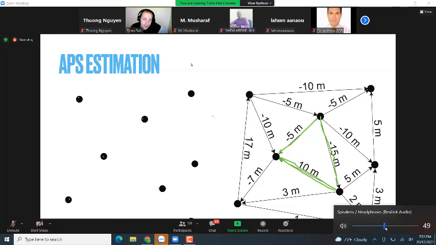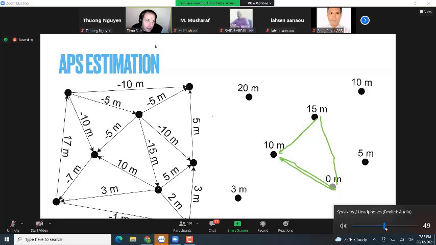Now after we've done that, we define a reference point. In this case, we said this point here is the reference point. Then we follow these edges.